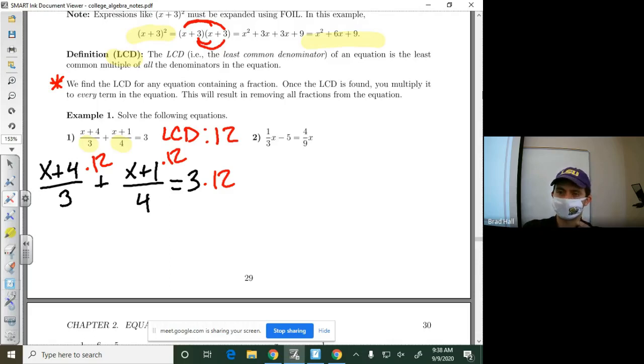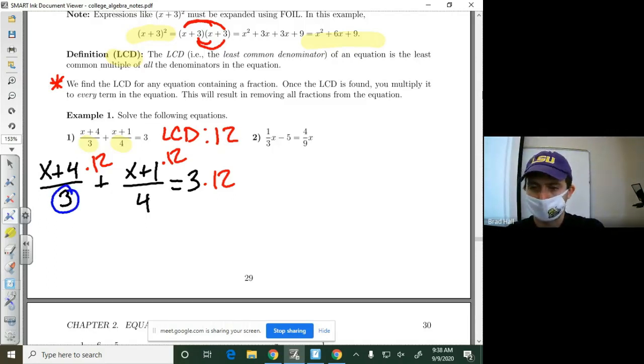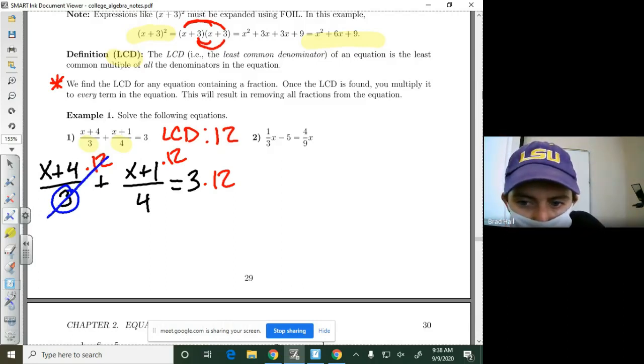And so the next step is, we do this so we can get rid of, or cancel, the fractions. So that means that this 3, we're going to have to get rid of that somehow. That fraction and the LCD are immediately associated with each other because we chose the LCD so that 12 divided by 3 will give us a nice whole number, which is 4.